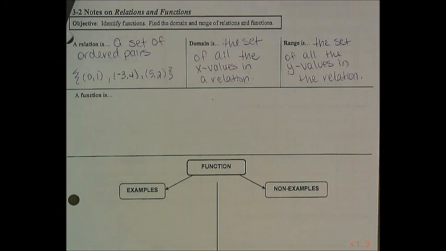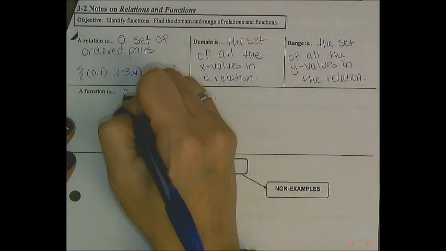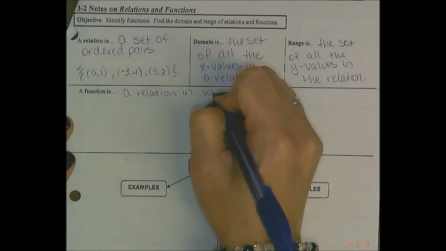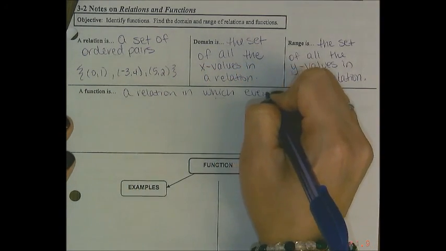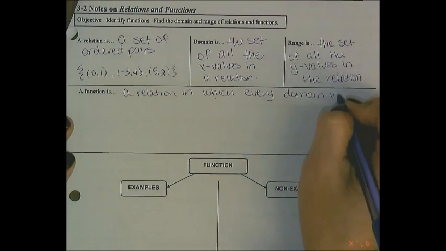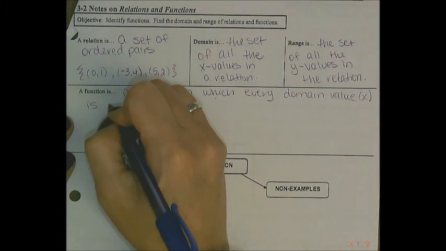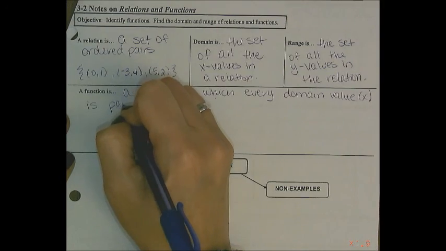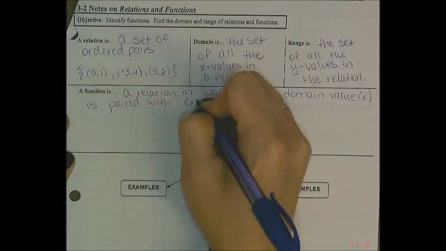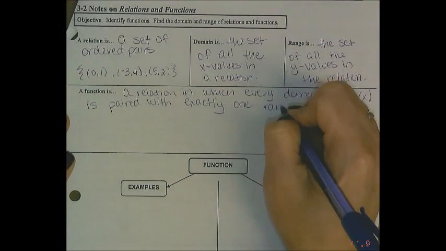Okay, there's a special type of relationship called a function. And we're going to define a function as a relation in which every domain value, remember that's x, is paired with just one y value or range value. And we'll say exactly one range value.